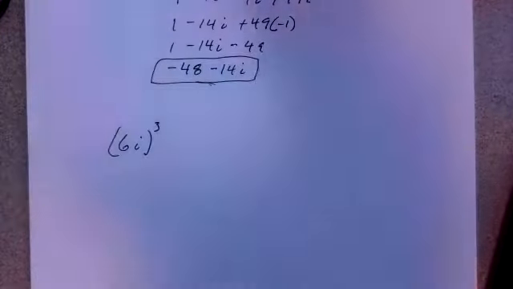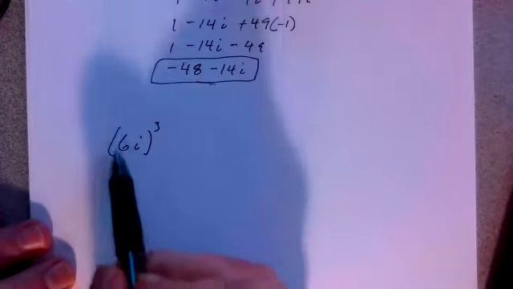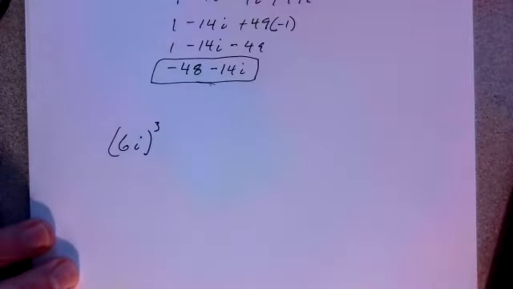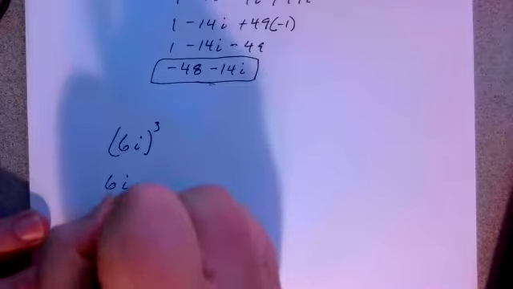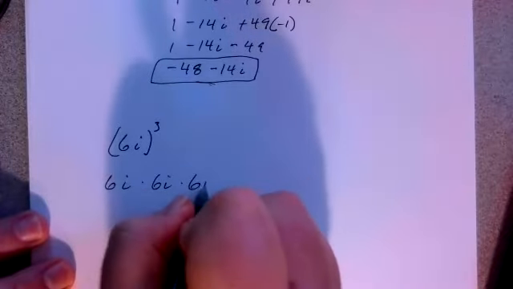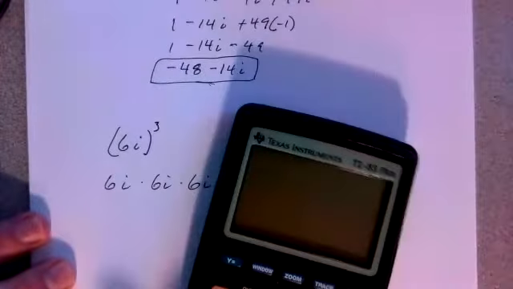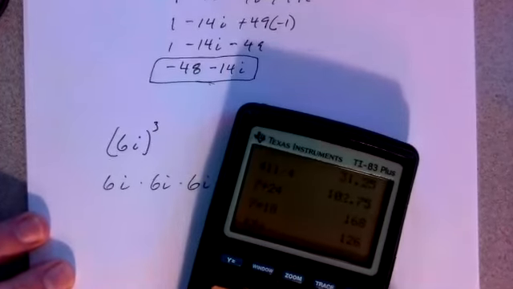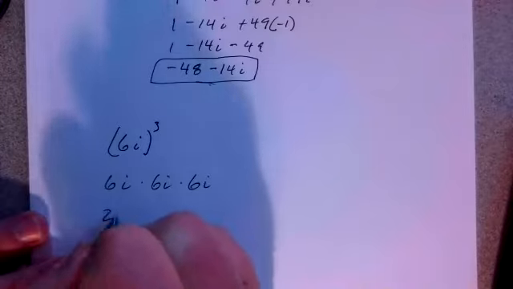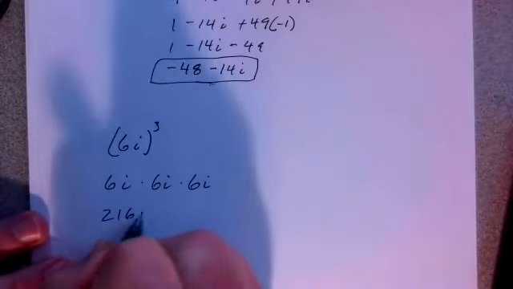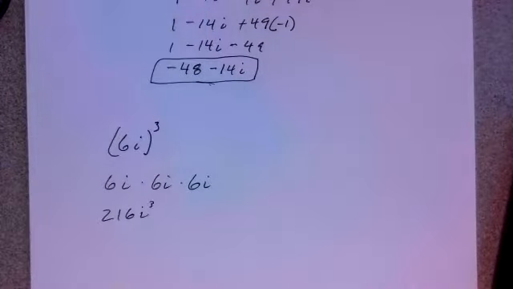All right, let's take a look at one more. 6i to the third. 6i to the third means 6i times 6i times 6i. And nobody knows what 6 to the third is, so oh, if you said 216 at home, you were right. So here we have 216 times i times i times i, which is i to the third.